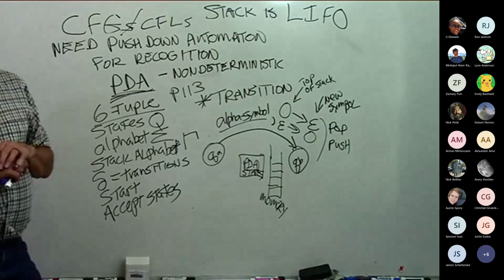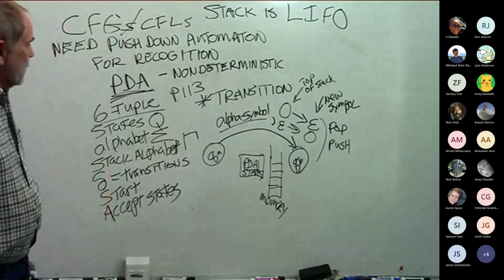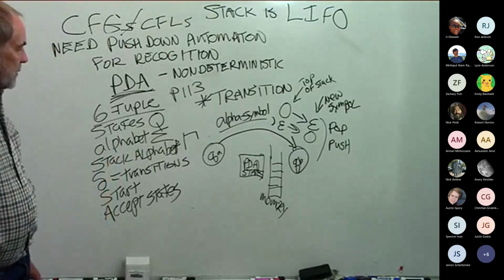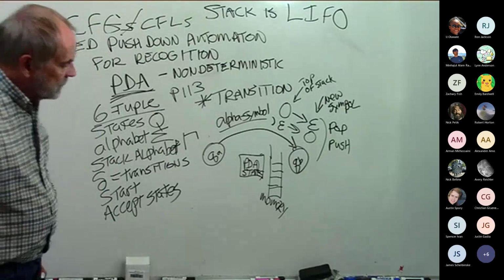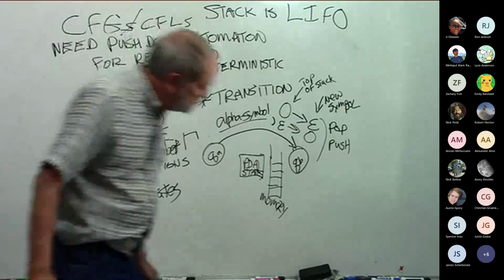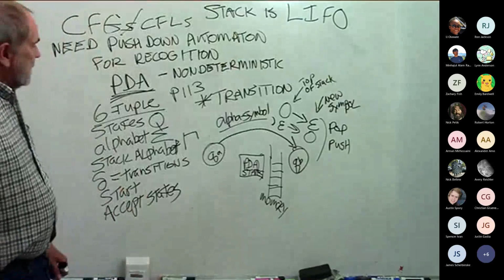All right, so questions in your mind might be, so that's all nice, but how do we use it? What do we do with it? Well, we'll go over the example on page 115 next time.